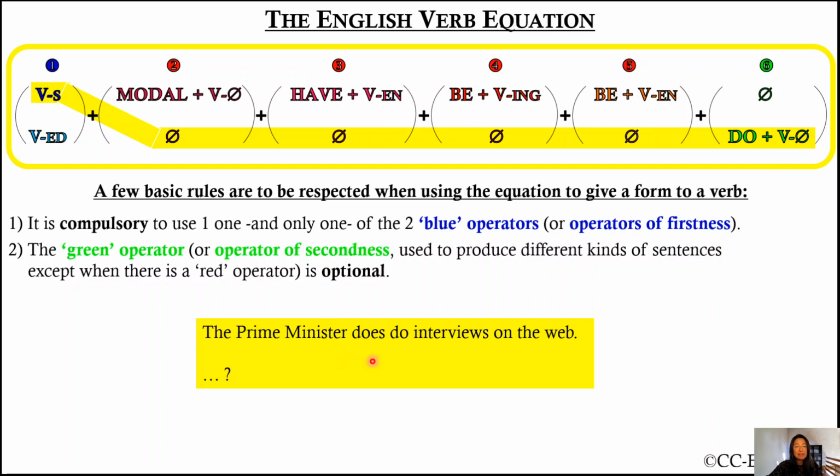And here we can see that we have the present tense of the operator do plus V0, here the infinitive of the verb do.